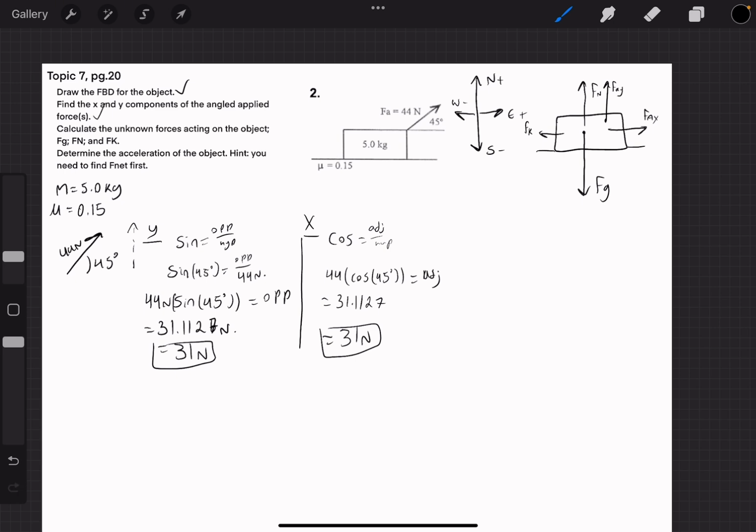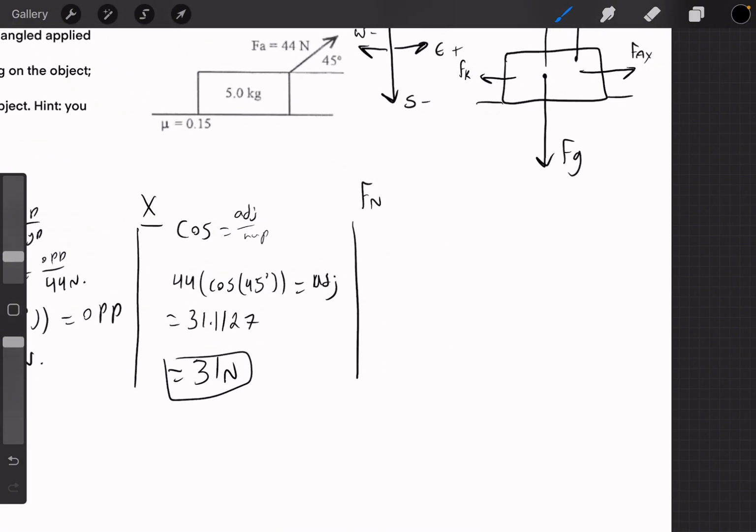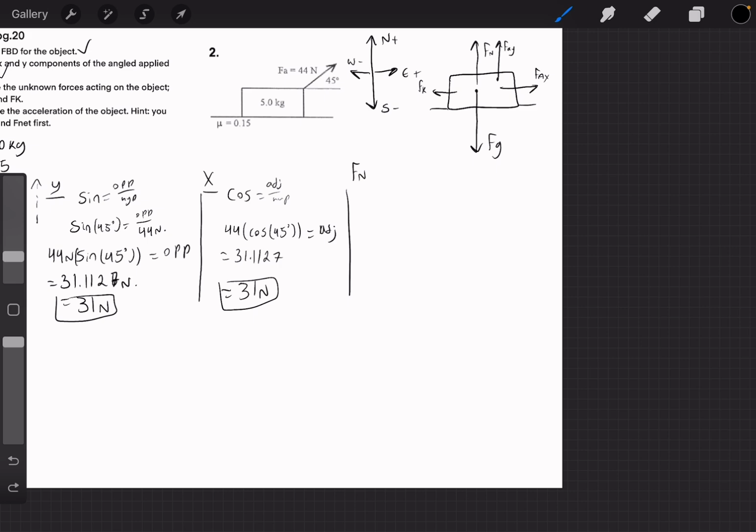All right. Now we want to find the unknown forces. So let's do our normal force first. So Fn. For the normal force, Fn equals m times acceleration due to gravity, minus our FAY.